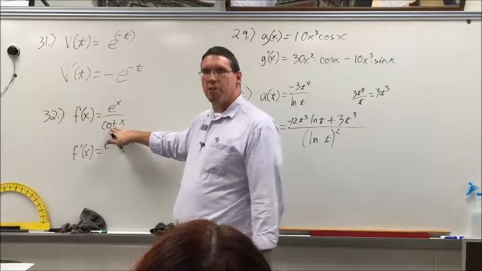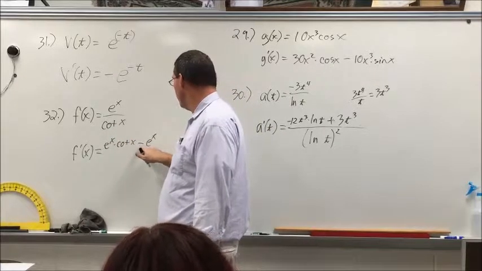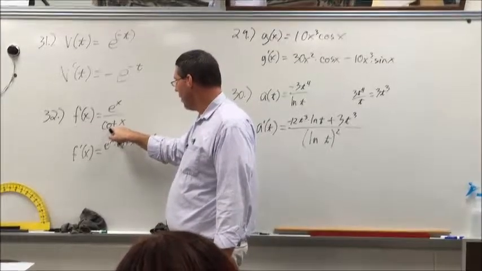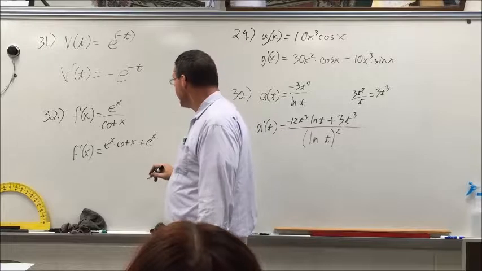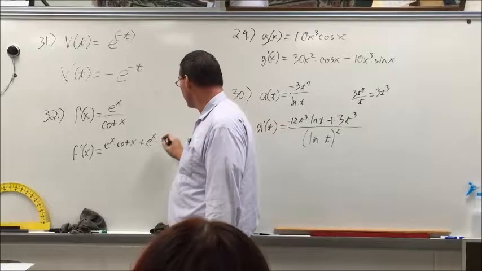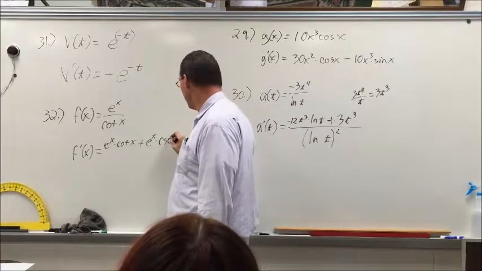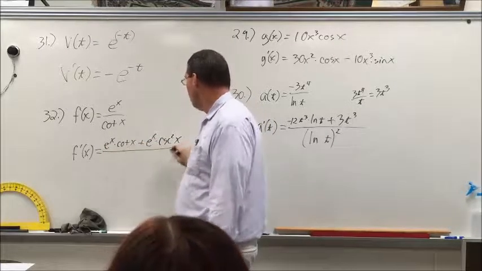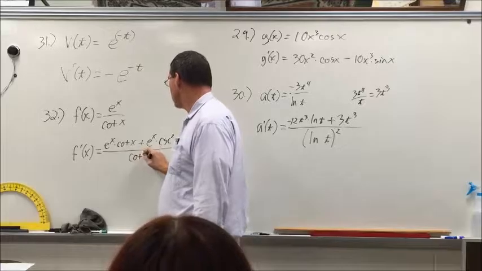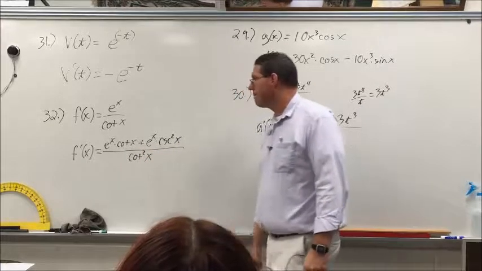Because the derivative of this is going to be negative, right? So it would be minus, but since we're going to multiply by a negative, so plus. What's the derivative of cotangent? Negative cosecant squared. But we already combined that negative with this negative over here, making it a plus. Over cotangent squared of x.